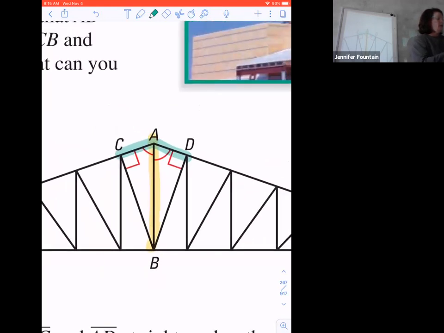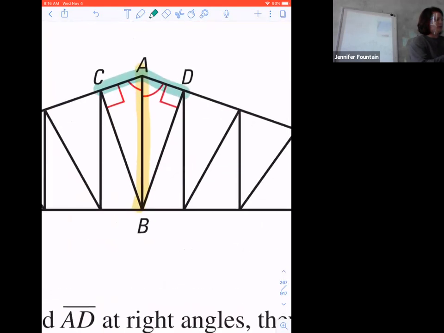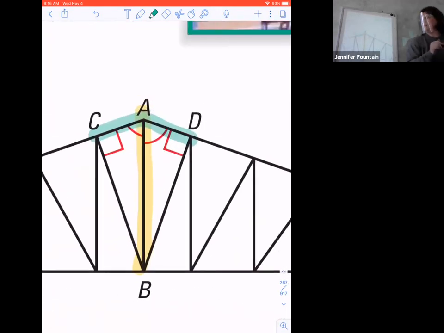Okay. So now let's see what the other given was. Because it's a bisector, we know that angle A was cut in half. We also know that when that bisector intersects those two sides, they intersect at 90-degree angles.